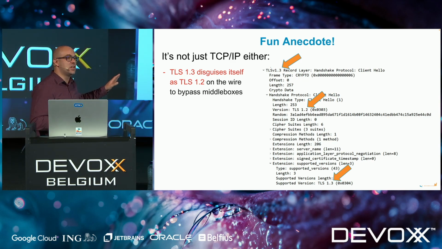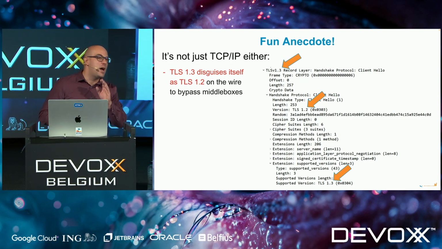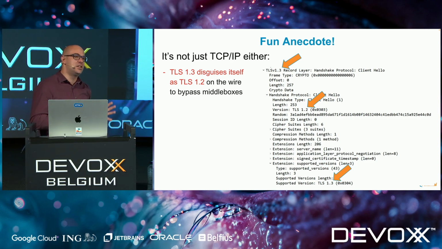The solution they had to come up with was to disguise TLS 1.3 as 1.2 on the wire. It pretends like it's 1.2, and then you simply have a new extension there on the bottom, supported versions, that tells, I'm actually 1.3, you know? And weirdly enough, this actually worked. Enough middle boxes were fooled by this simple trick to make TLS 1.3 deployable.